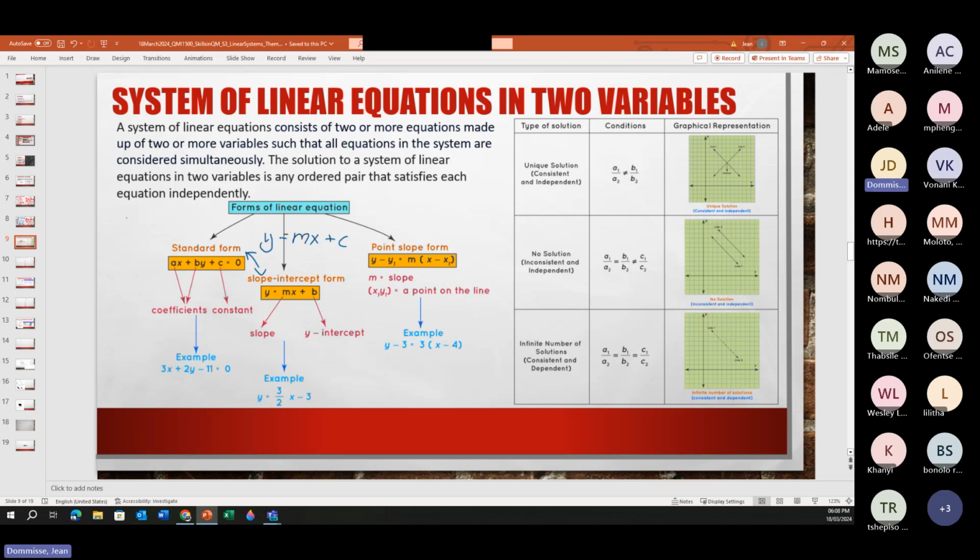Most likely when you get y is equal to mx, it is normally mx plus c, because the c is also always seen as a y-intercept. It is a bit confusing in a sense, where in this instance you have it as a constant. So yes, it's a constant, but in this one, it is seen as a b.